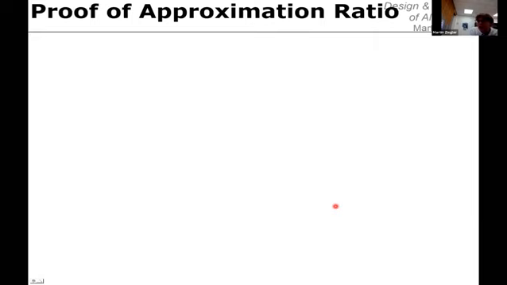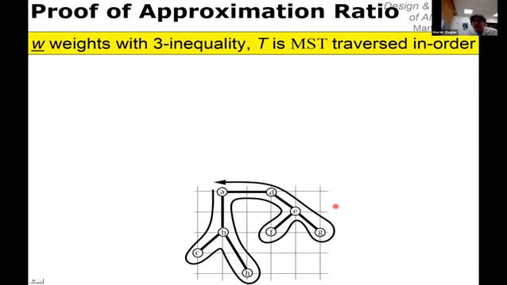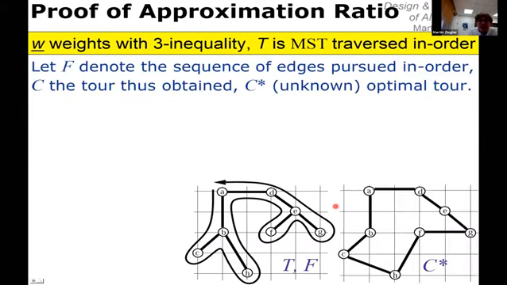And this is the challenge of approximation algorithm analysis. How can we compare the quality of the solutions they produce to the quality of an optimal solution, which we don't know? And in this example, with the metric traveling salesperson problem, this is how we solve that conundrum.